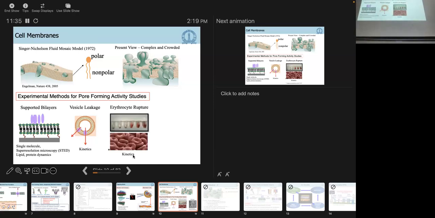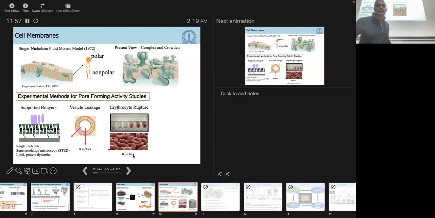A more complex system is erythrocytes, and this is largely used as an assay by the biologists to see if the proteins that you have made in the lab actually are functional. So you can look at erythrocyte leakage here as an example where you've exposed it to the toxin and you see the color change due to the hemoglobin leaking out.